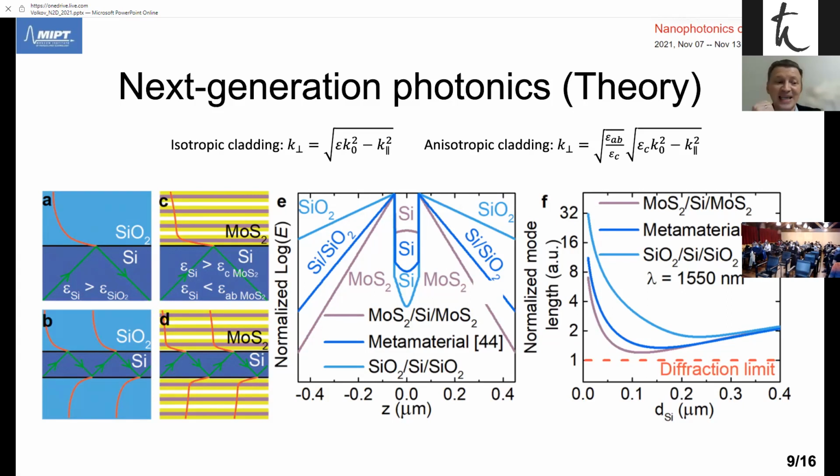To this day, one of the best solutions to overcome this diffraction problem is to use a generalized form of total internal reflection at the interface between an isotropic and an anisotropic metamaterial, accepting the fact that the refractive index of the isotropic material is larger than the out-of-plane component of the anisotropic one. Conversely, of course, the in-plane components could have any value, even higher than that of the isotropic material.